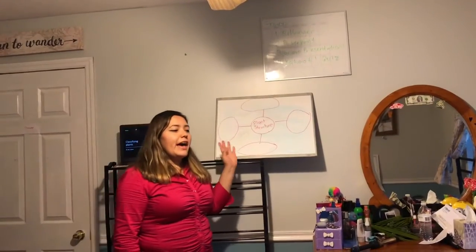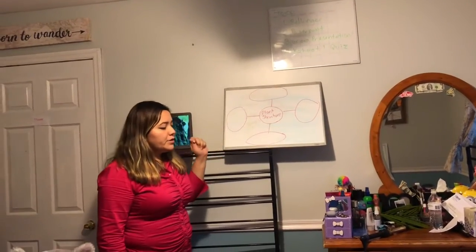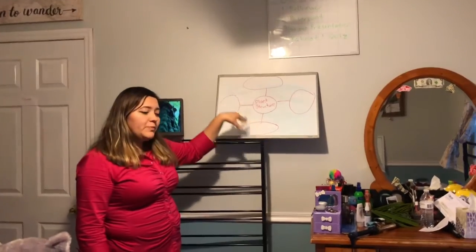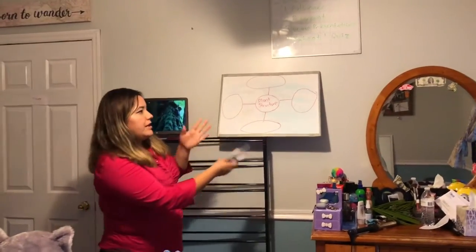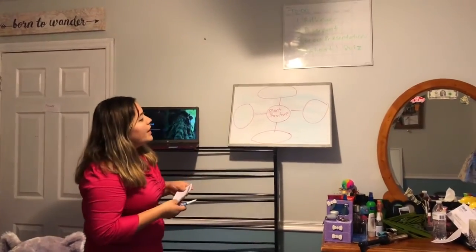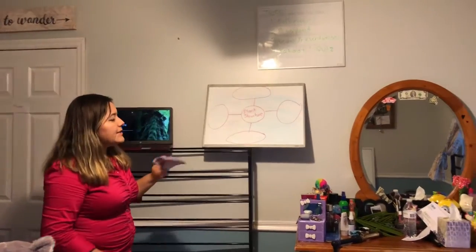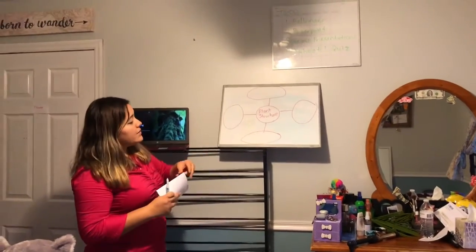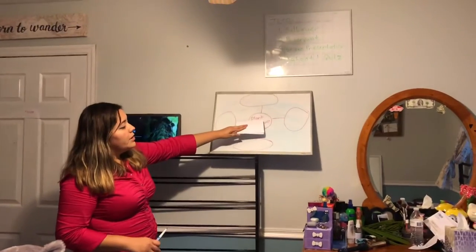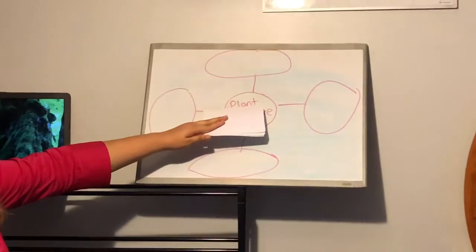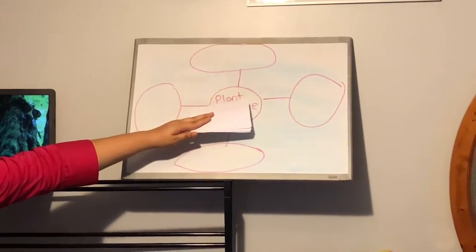Okay, so this is what we have on our notebook. Pretend this is the overhead projector. This is the page, okay? I'm showing you guys on the overhead projector. I know this is 2 words, so let's go ahead and take a look at 1 word. What do you guys know about the word plant?